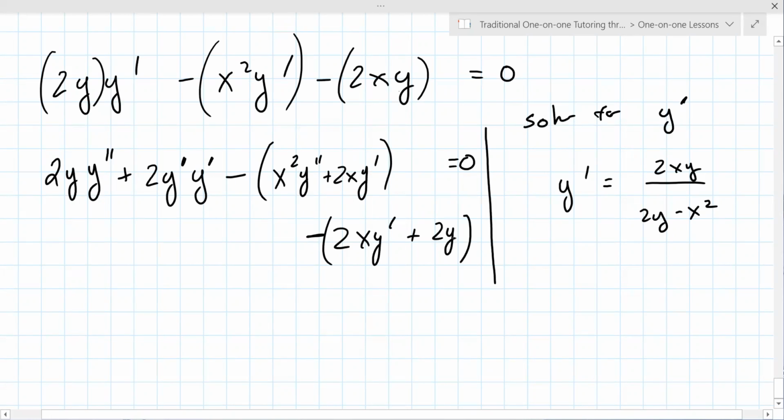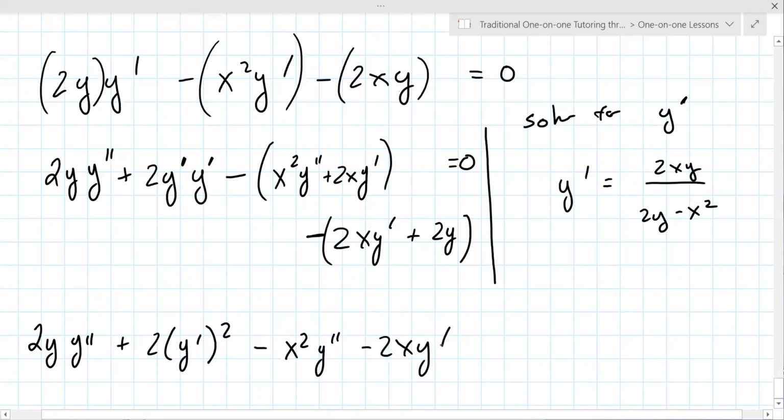And this is a really good problem. Like your instructor says, there's lots of good things here. I don't think you'll get anything this complicated, but there's a lot going on. So 2y y double prime plus 2y prime squared, minus x squared y double prime, minus 2xy prime, minus 2xy prime, minus 2y equals 0.